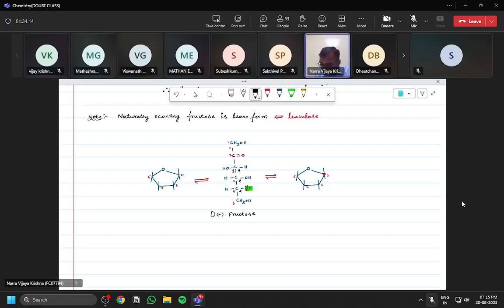First carbon I am writing CH2OH as it is. Now OH: when this is attacking, this OH group may come either above the plane or below the plane. Here I wrote it below the plane, so now I am writing above the plane.